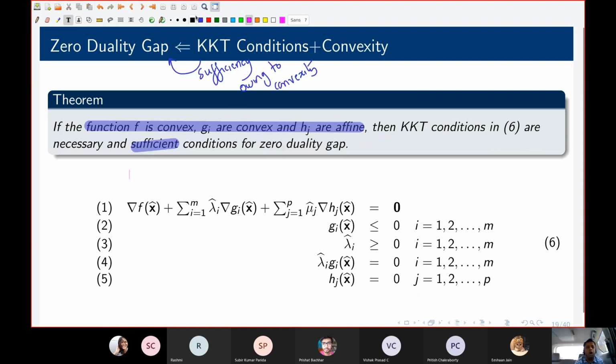So my point is all the projection operations in that table we showed earlier can be derived using these KKT conditions. The algebraic expressions, right?